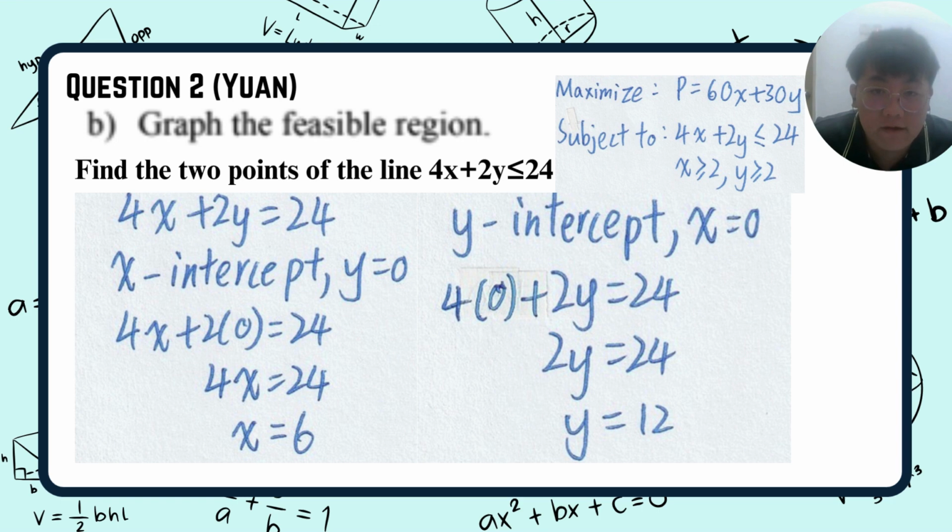After that, we find the y-intercept by setting x equal to 0. Same way, 4 multiplied by 0 plus 2y equals 24, and after calculating, we get y equal to 12 when x equal to 0.